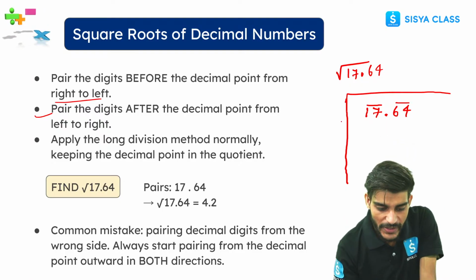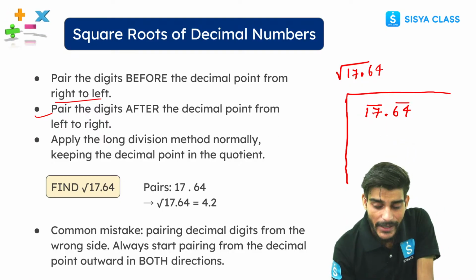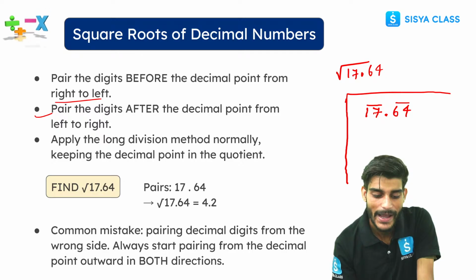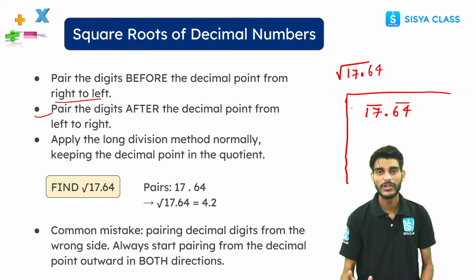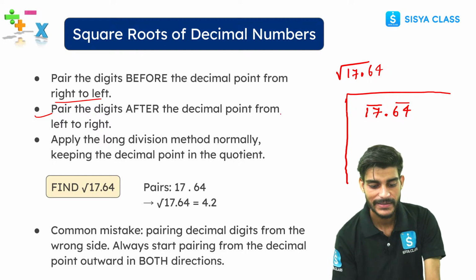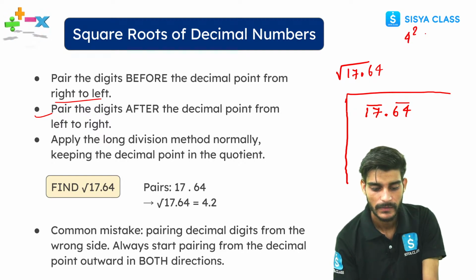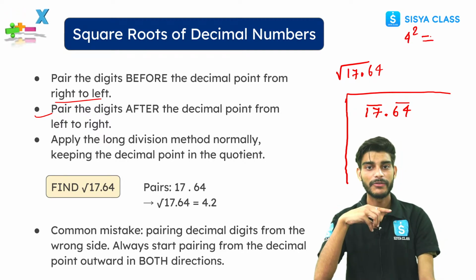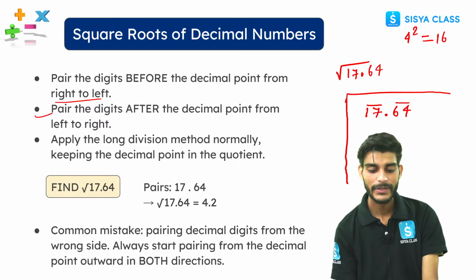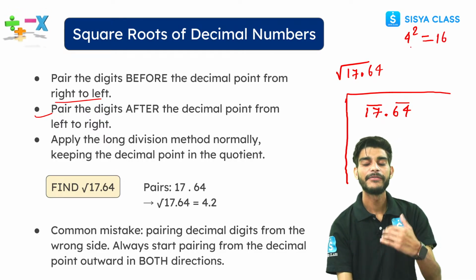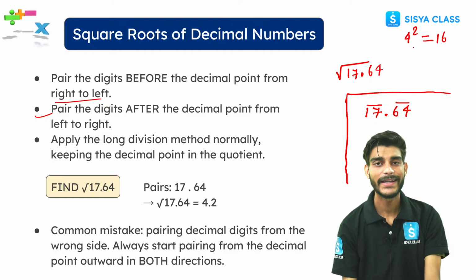Which number can you think of whose square is less than or equal to 13? Obviously, sir, 3 square. So this was the first step in our long division method, right? 3 square is 9, which is less than 13. If I find 4 square, it is greater than 13. So that is of no use.